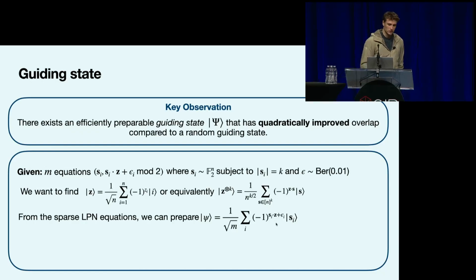So given just the sparse LPN equations, you can prepare some m-sparse state, which is a superposition over k-tuples as well, but only those that appear in the instance. And the phase is defined by this noisy inner product sample.